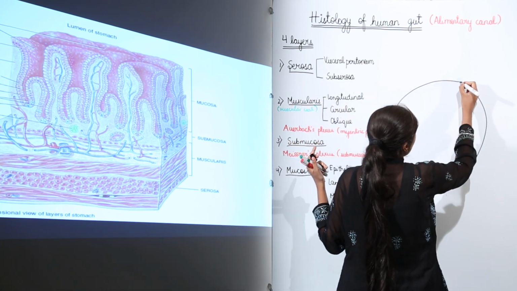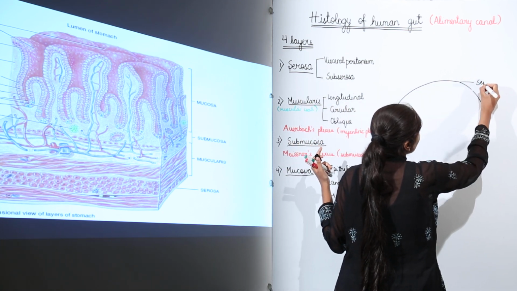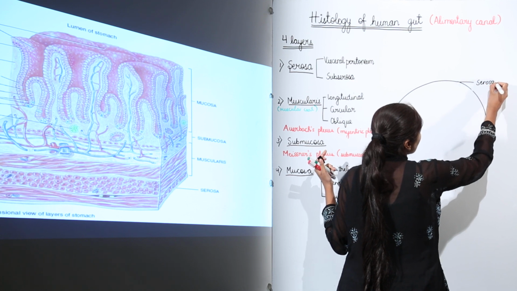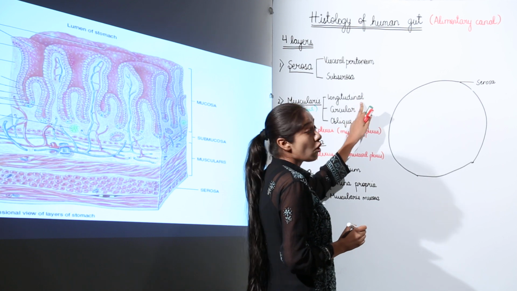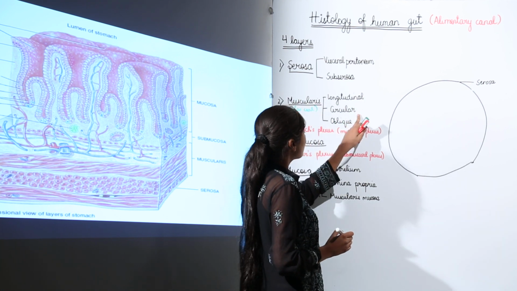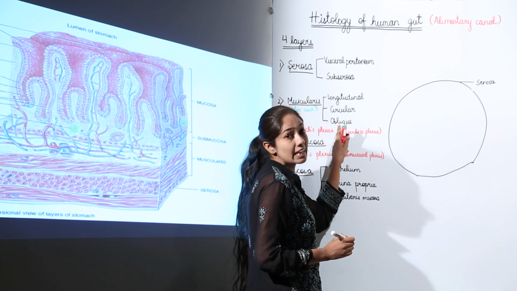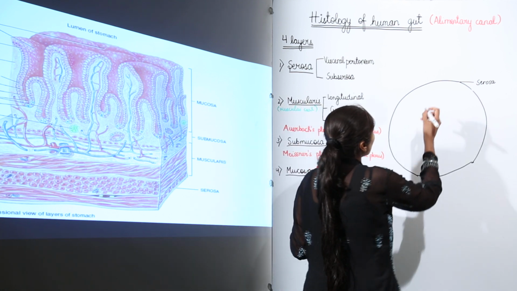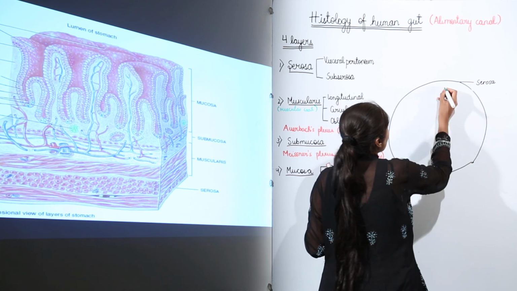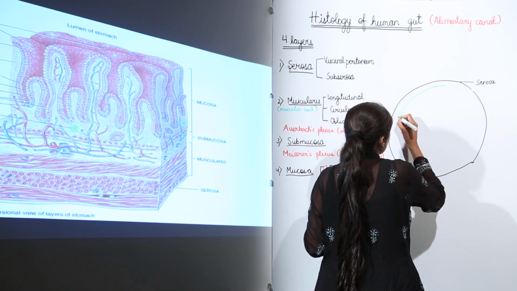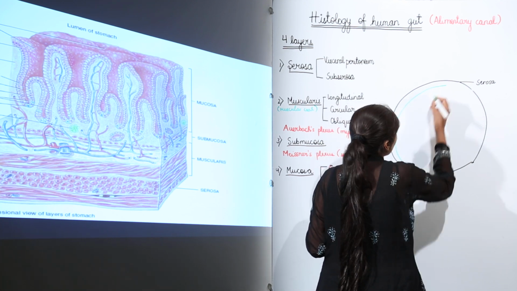So we have serosa, right? And then we have muscularis. We have a longitudinal muscle layer, circular muscle layer and oblique muscle layer in case of the stomach. So I am going to draw with a different pen. Here we have which layer?